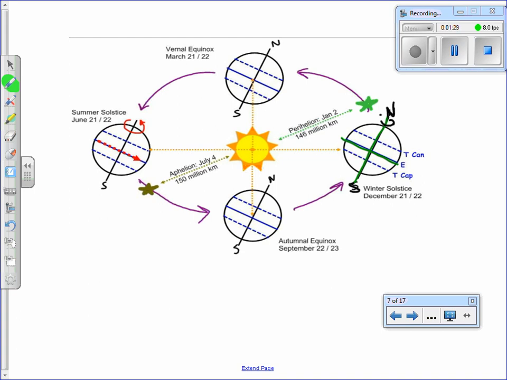So then you want to look at the rays of the sun. When you look at the rays of the sun, roughly coming out parallel here, where are they mostly hitting? Towards the south or towards the north in this picture? In this picture, it's clearly hitting the southern hemisphere more directly. And here they're kind of bouncing off at an angle.